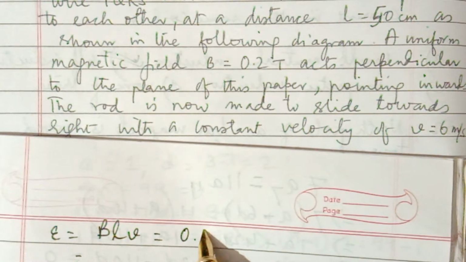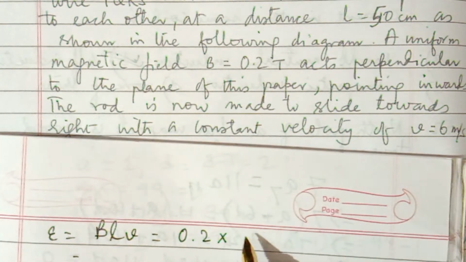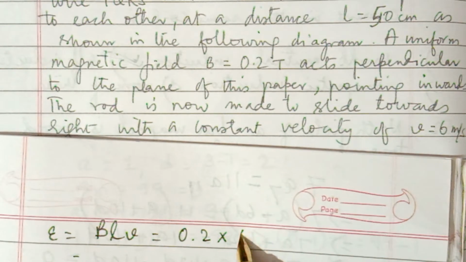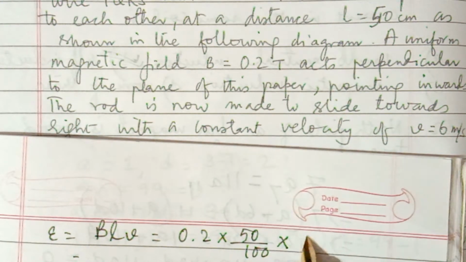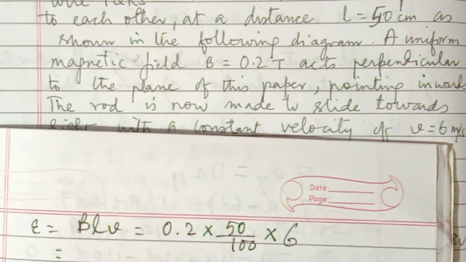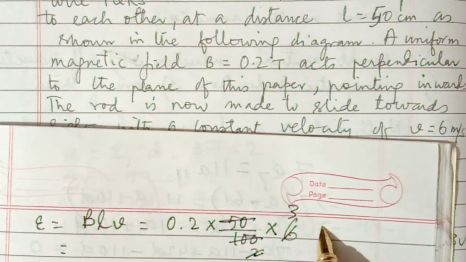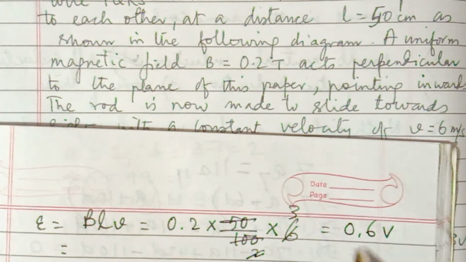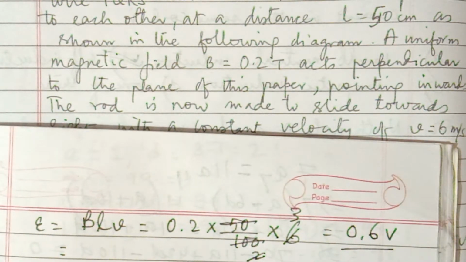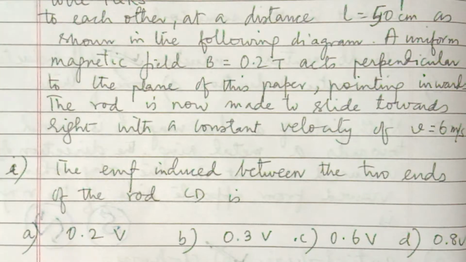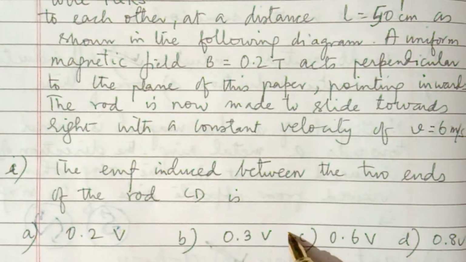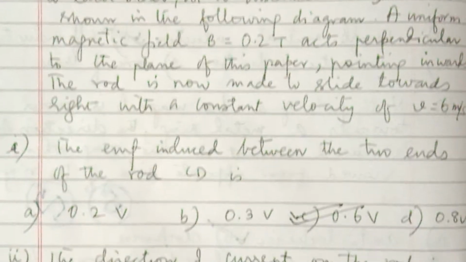B is 0.2 Tesla, length is 50 centimeters, so you convert this into meter, and velocity is 6. Then you solve this. So 0.6 volt EMF is induced. So this option is correct.